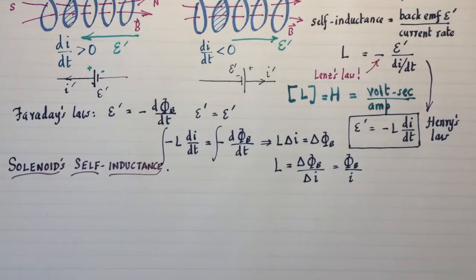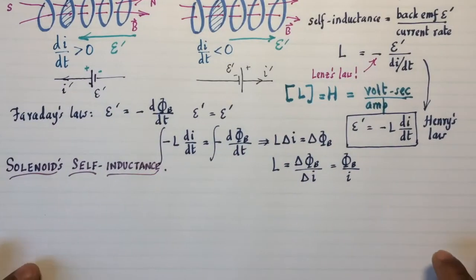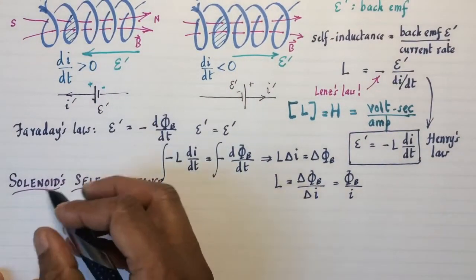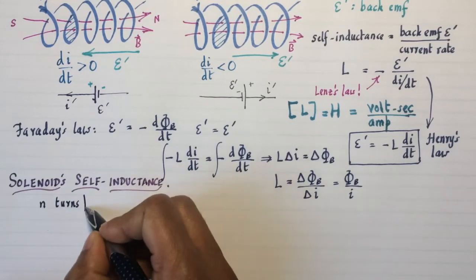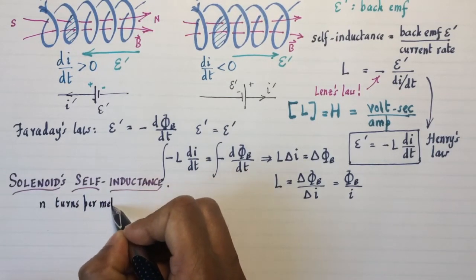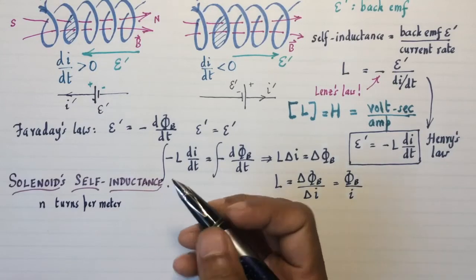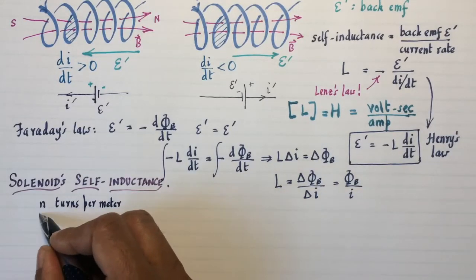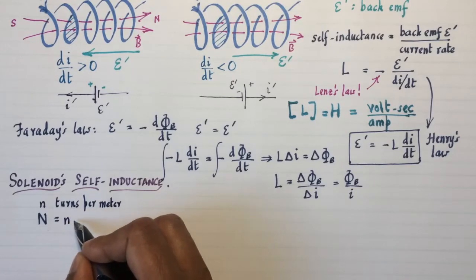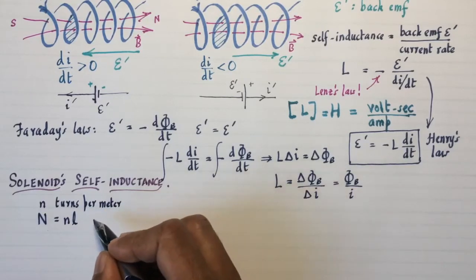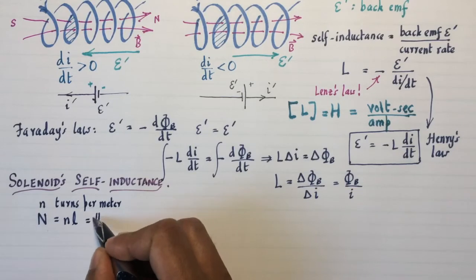So let's go back to the solenoid. Let's put some terms here. That solenoid that you have up there, let's say that it's got n turns per meter, or turns per unit length if you don't want to commit to a unit system. And let's call capital N the total number of turns. So the total number of turns is going to be the turns per meter times the length of the solenoid, and that'll give me the total number of turns.